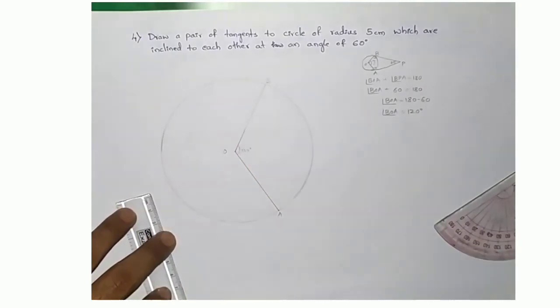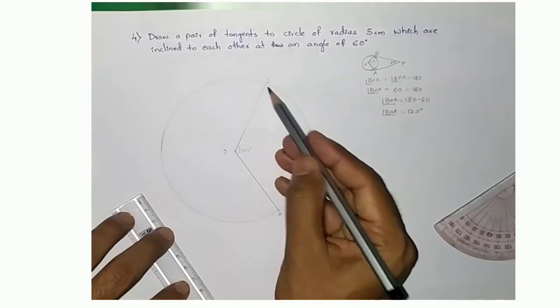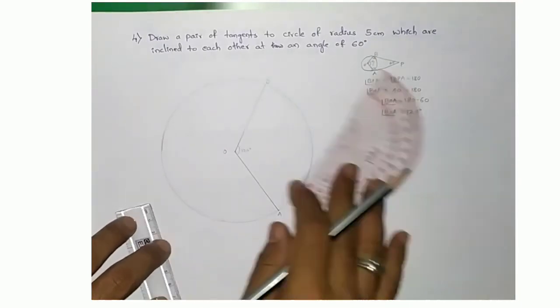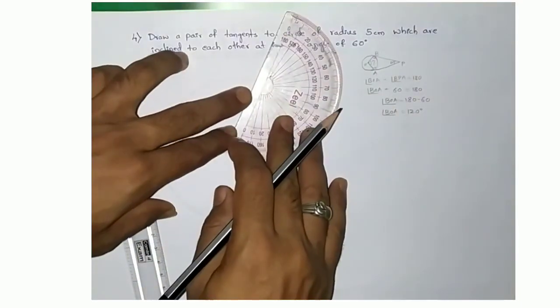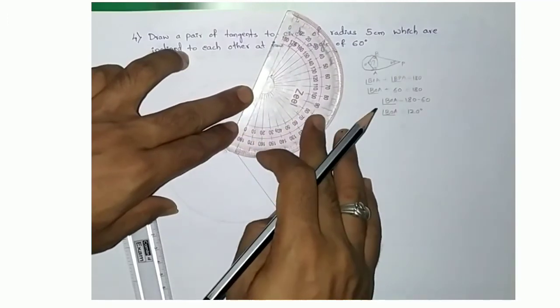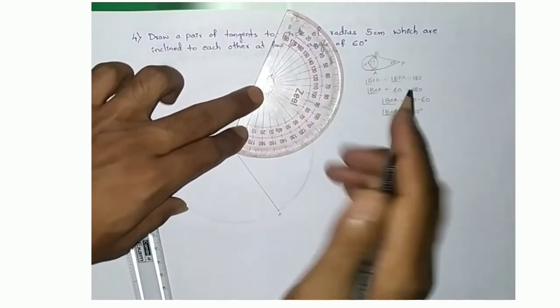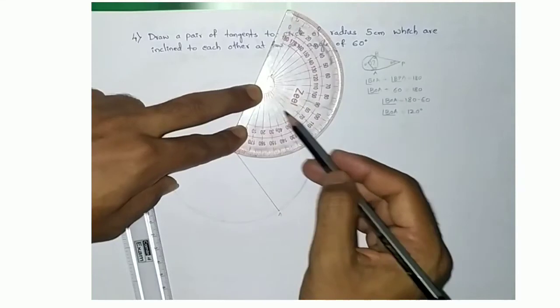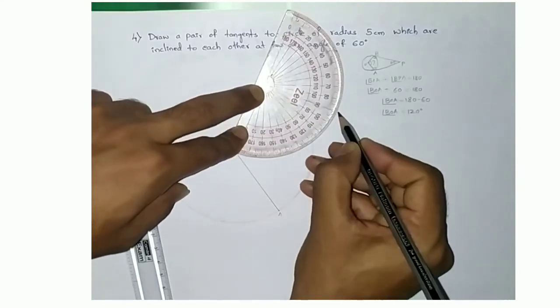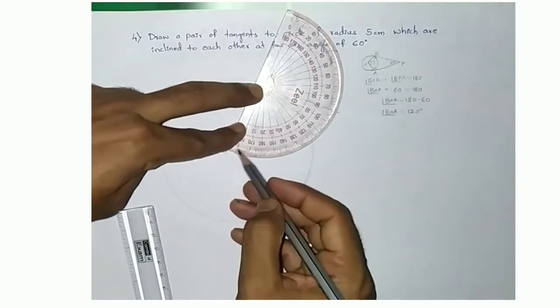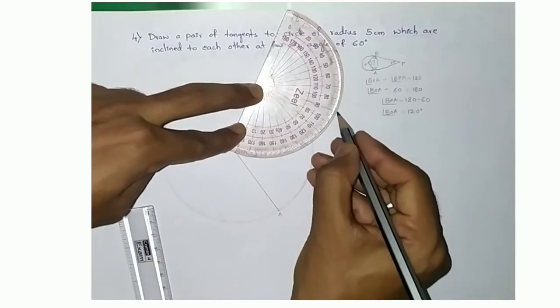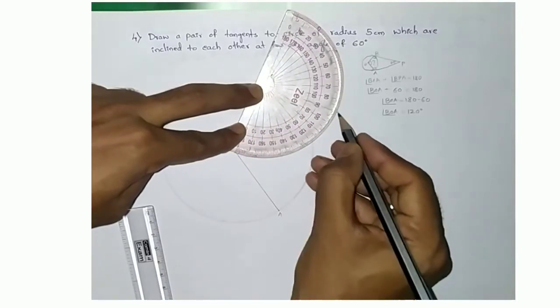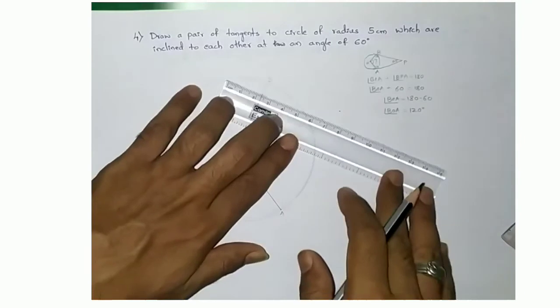So what is the angle at the point of contact? Here we will get 90 degree, here also 90 degree. So using the protractor, from B, make the 90 degree angle. So with OB as our reference, making 90 degree, and join it.